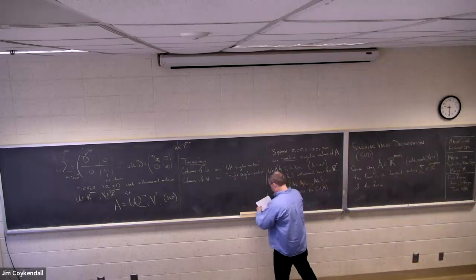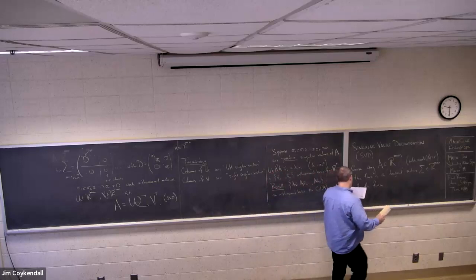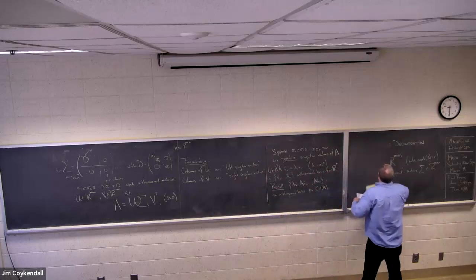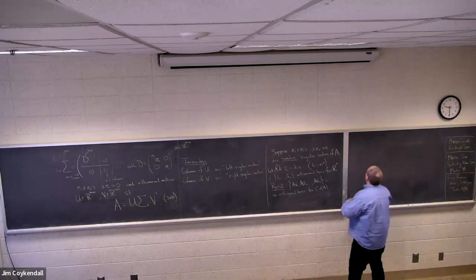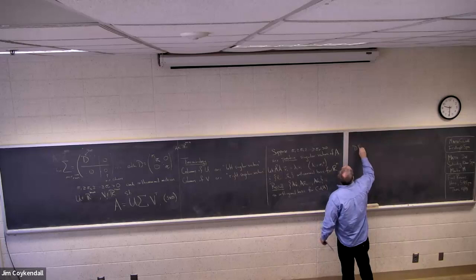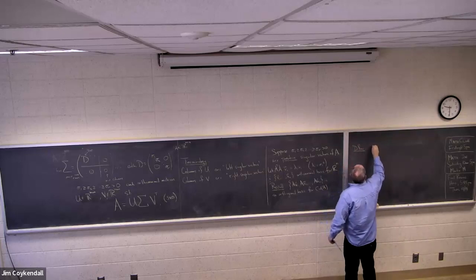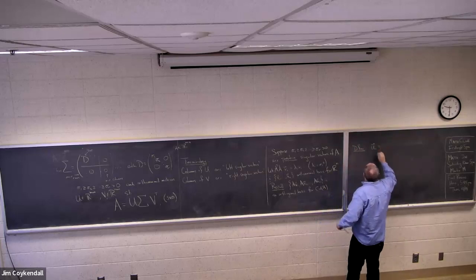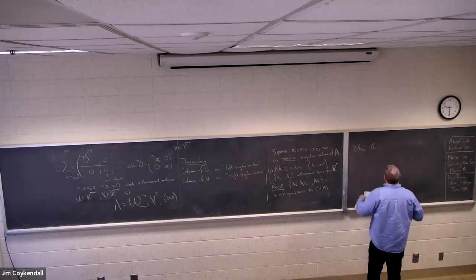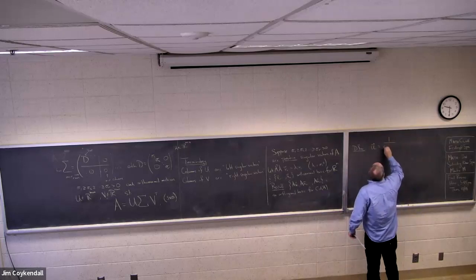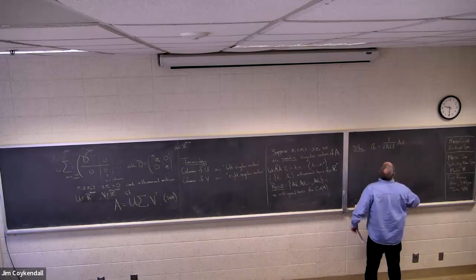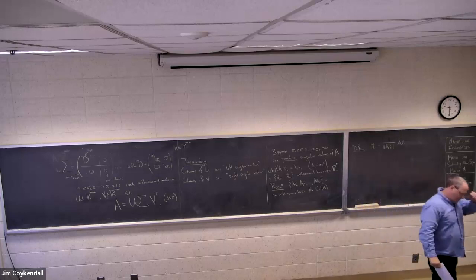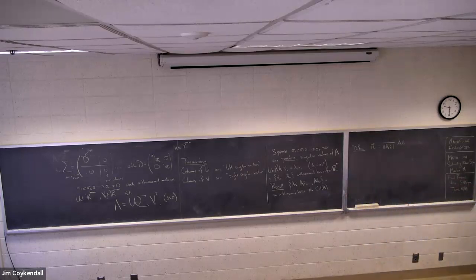So now I'm going to define the vector u_i to equal 1 over the length of Av_i times Av_i. By the way, what am I doing here?